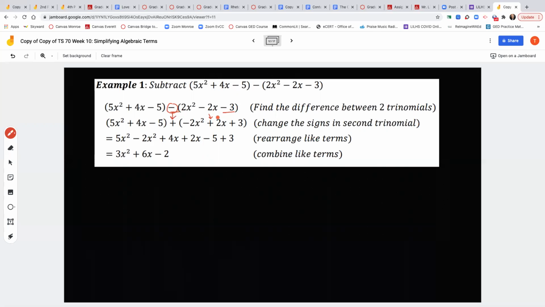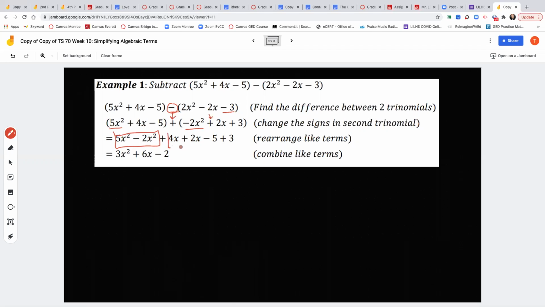Now, the reason you do that is so that it changes when you combine like terms. It makes it easier to rearrange them together. So 5x squared minus 2x squared, these are together, plus 4x plus 2x.